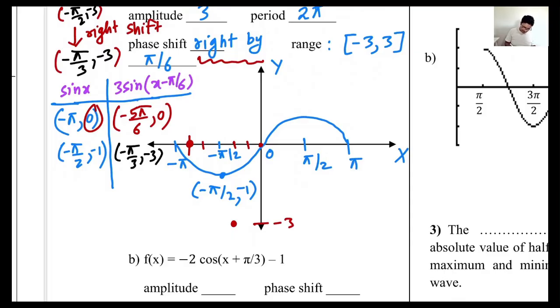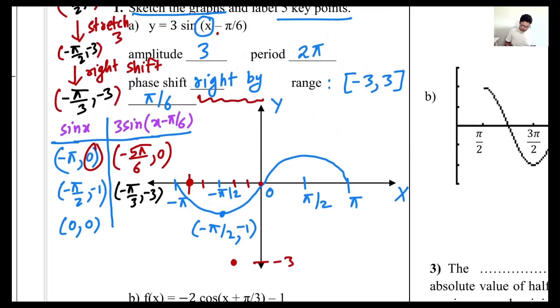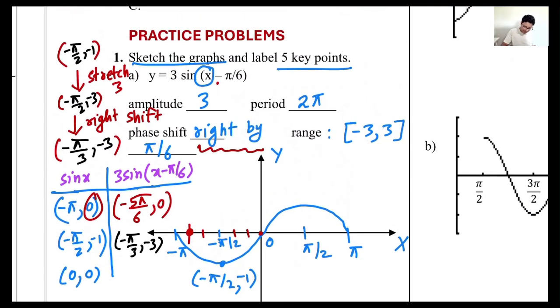And then the next point on your original graph is at 0, 0. What happens to that? We will speed up a little bit now. Okay. I hope you are comfortable understanding the logic. Take the point 0, 0, because it becomes routine, you can speed up. Take the point 0, 0 on the graph.